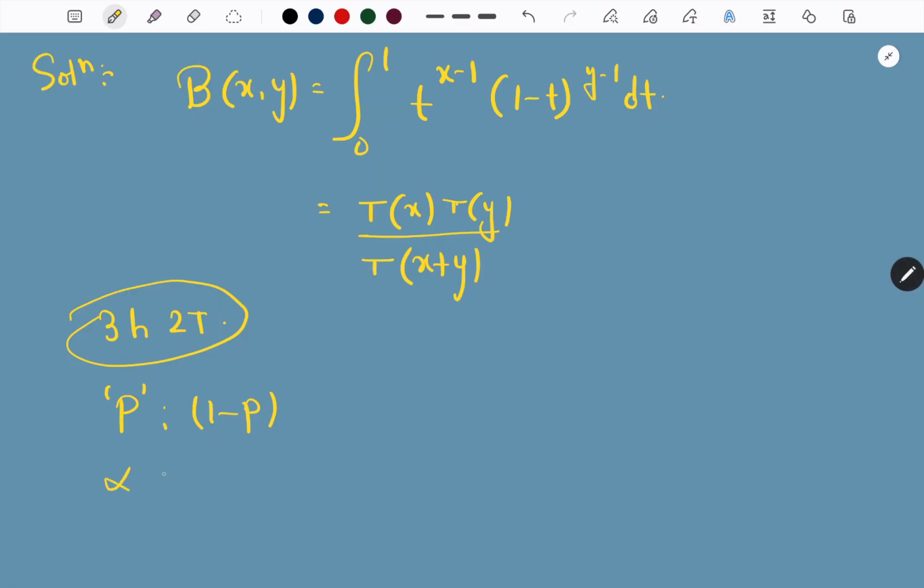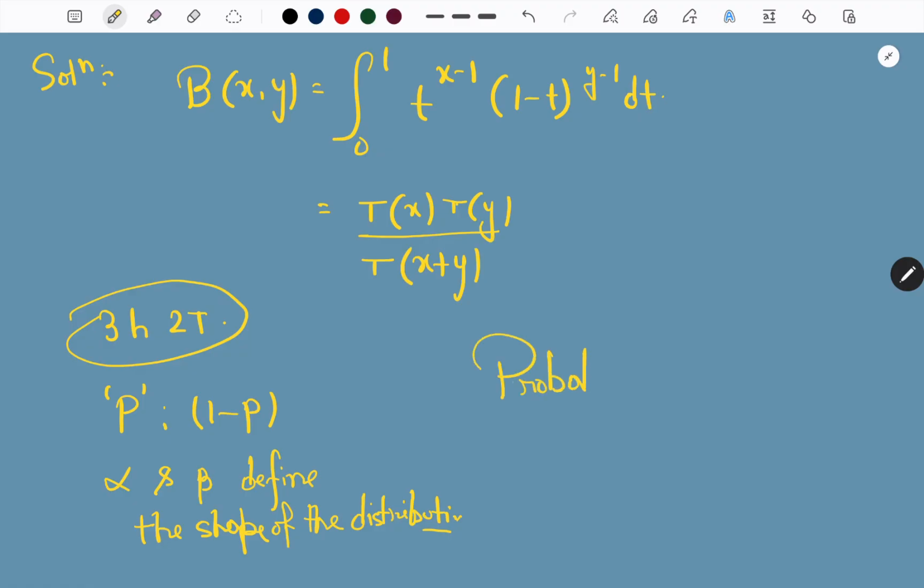And alpha and beta define the shape of the distribution. So if I write some parameter, that is the probability density function for it, that is the PDF.